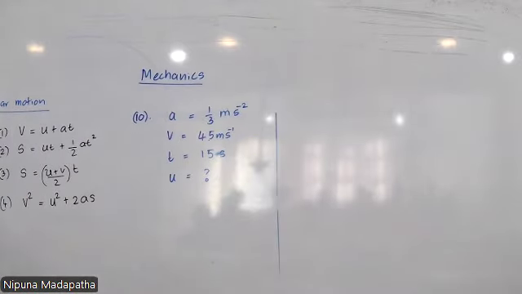Then the second part: find the initial velocity of the car and the distance it covered. The distance covered is given by S equals UT plus half AT squared.